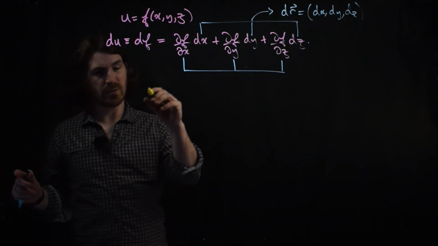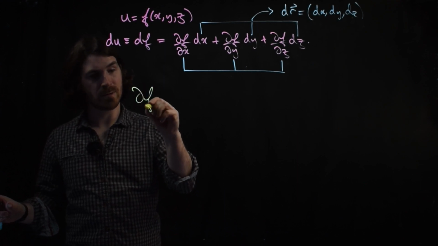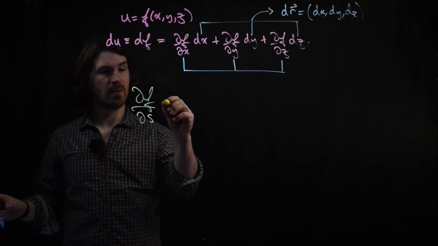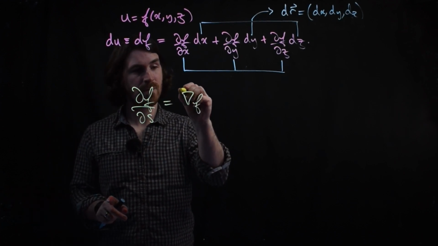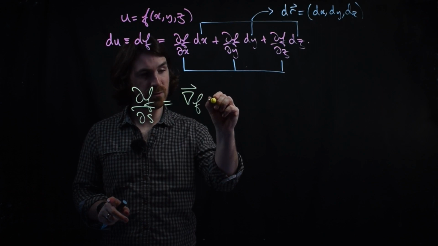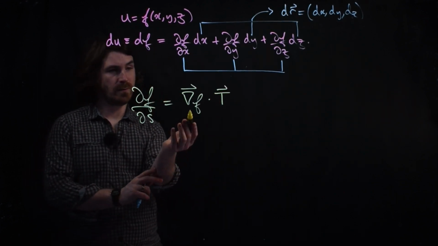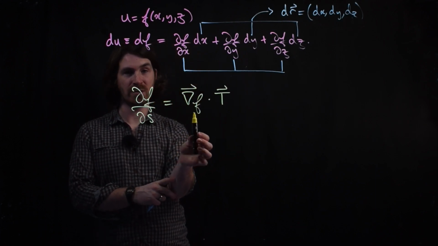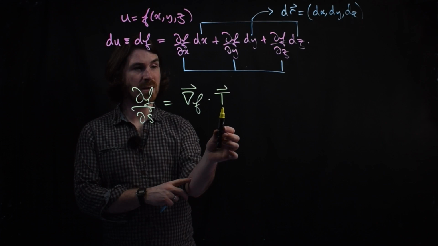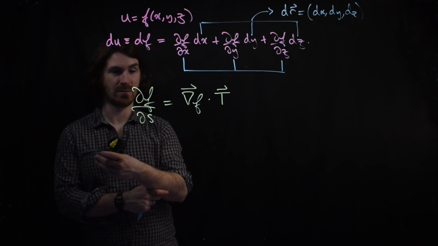So we saw that the change in the function along a path, so let's say df by ds, equaled the gradient of f dotted with the tangent vector. This gradient is the direction in which the function changes fastest, and this tangent vector is the direction in which you're actually changing.